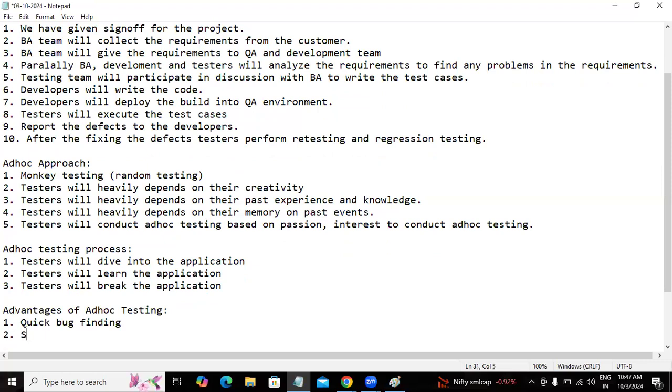The second one is simultaneously learning the application and executing the application. Simultaneously learning the application and simultaneously executing the application.